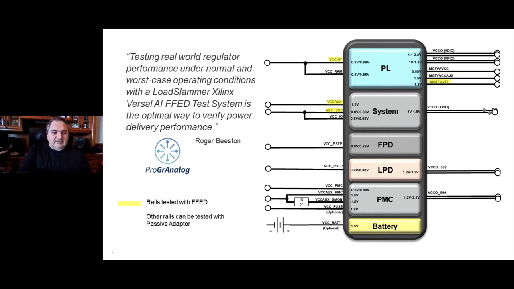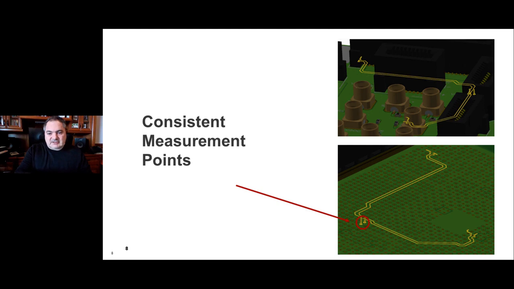So I'm going to move to slide 8 now, which is the last of the challenges that we're highlighting today, and this is what we call consistent measurement points. I mention this because it's been prevalent since I first walked into a lab after college, and we had 2 different development sites in different geos and time zones, and we were just trying to get a baseline measurement on a PCB, because we were trying to power a chip.